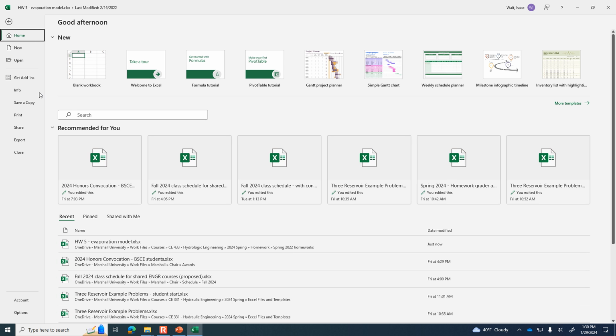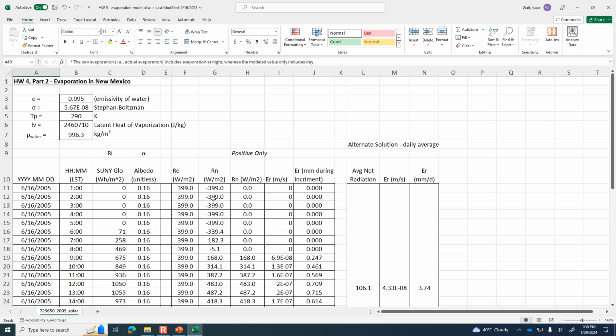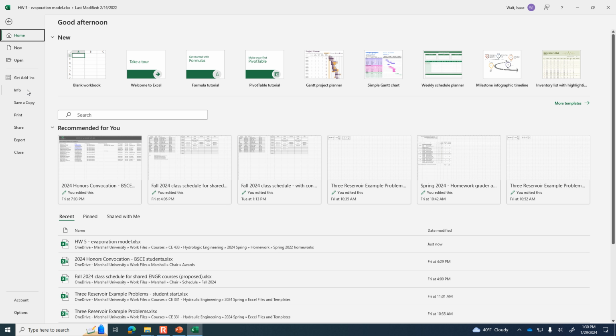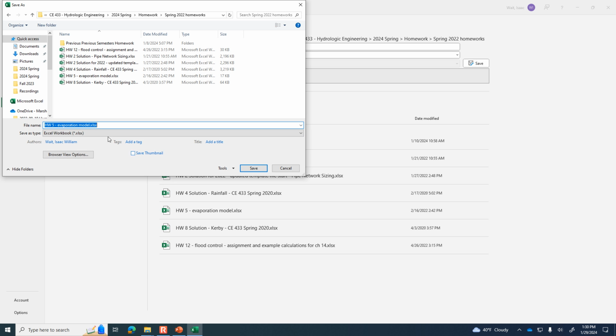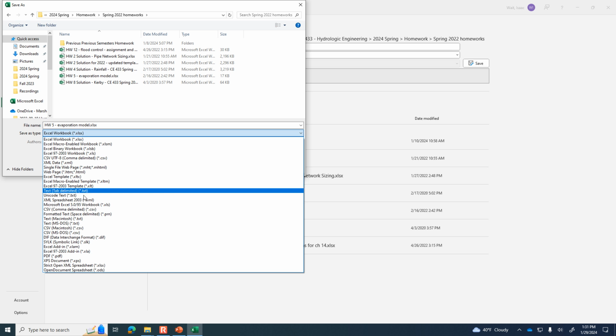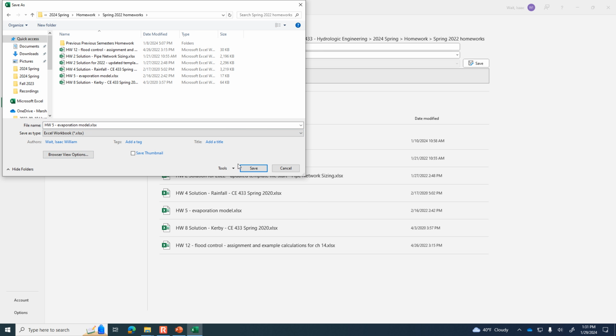If you don't save it as a .xls file, then your formulas get lost. It only saves like the numbers themselves. So don't save it as a CSV, even though you got the data as a CSV. You need to do save as, and then change the file type to the Excel workbook, because if you save it as CSV, all your formulas go out the window.